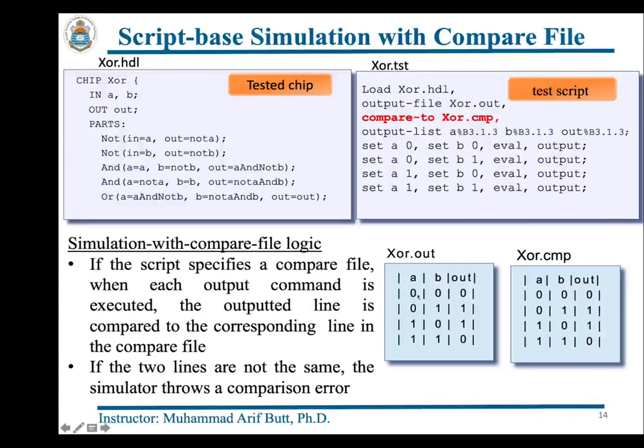That is, this line in the XOR.out is compared with this line in the XOR.cmp, and this line in the XOR.out is compared with this line in the XOR.cmp. If the two corresponding lines are not the same, the simulator throws a comparison error. If both the XOR.out and XOR.cmp files are the same, once the script ends, you get a comparison ended successfully message from the hardware simulator.